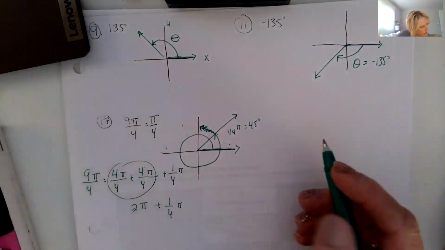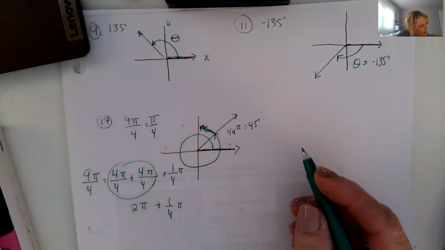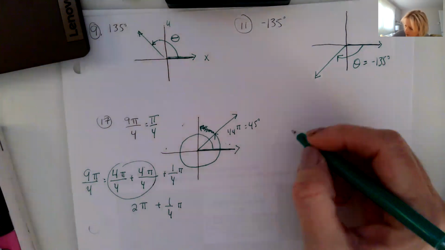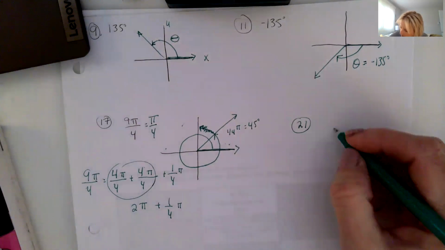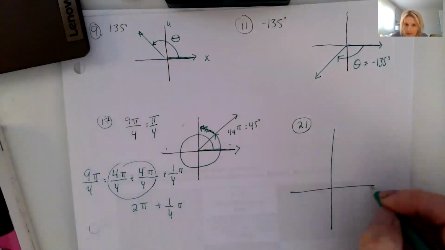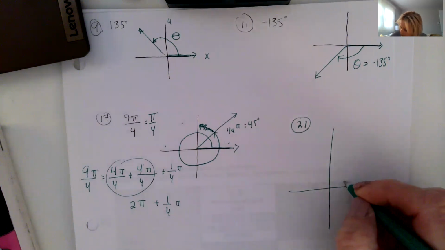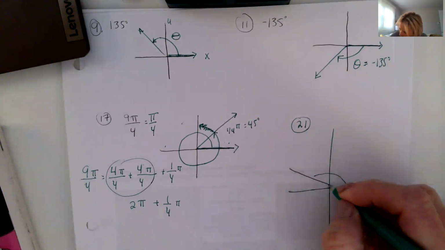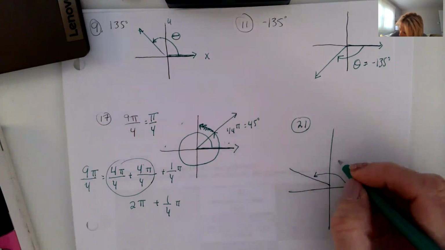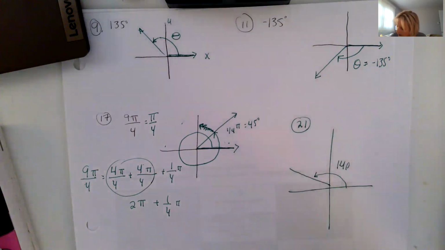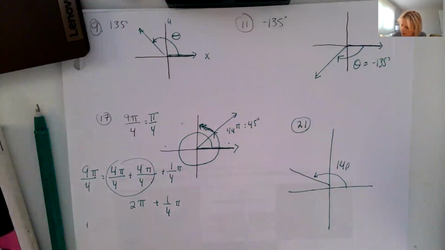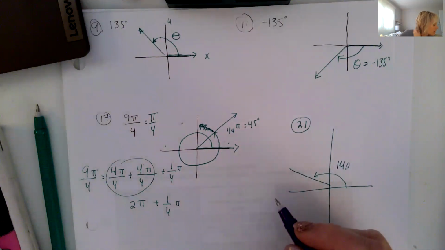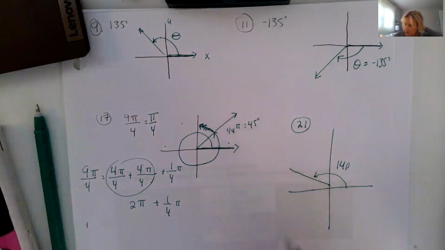But let's look at a couple from the book here. How about we look at 21? So 21 says 140 degrees. So 140 degrees is going to be over here somewhere. It's asking us to find two angles that are coterminal.